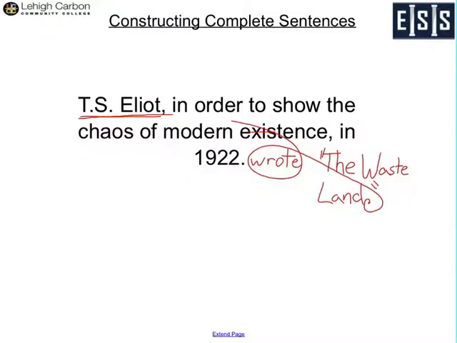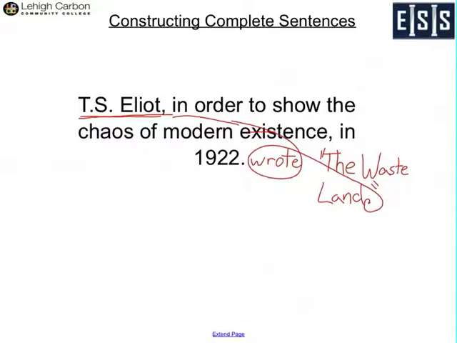This is a great strategy for when you're using sentences this long or even longer to make sure that all of your verbs and your subjects are present and in agreement. I often use this myself when I'm proofreading my own papers. I read out loud the sentences without all that extra stuff to make sure they sound correct.